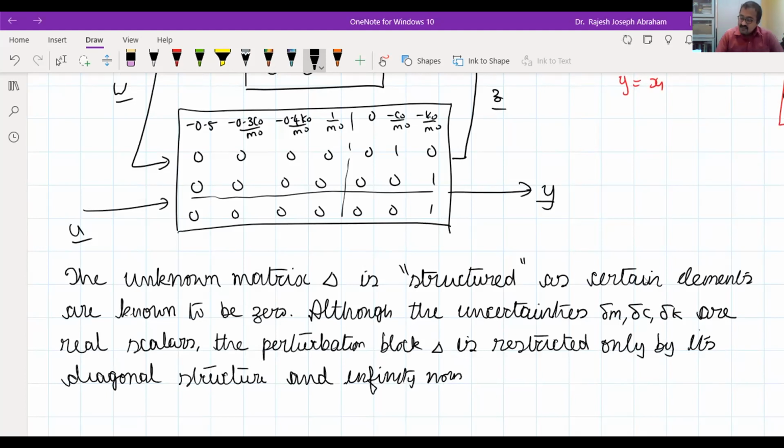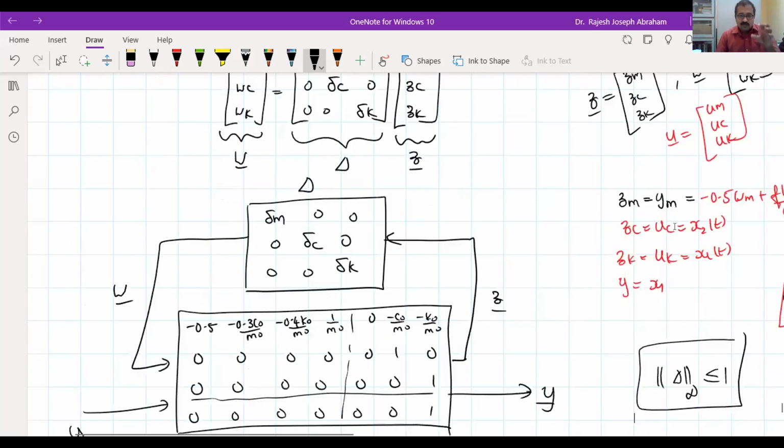So that means we will restrict the infinity norm of this block to be less than or equal to 1. Okay, so now we are considering it blockwise, not individual element-wise. We will make sure that the infinity norm of this perturbation block is less than or equal to 1. Okay, so we'll stop here and continue in the next class. Thank you.